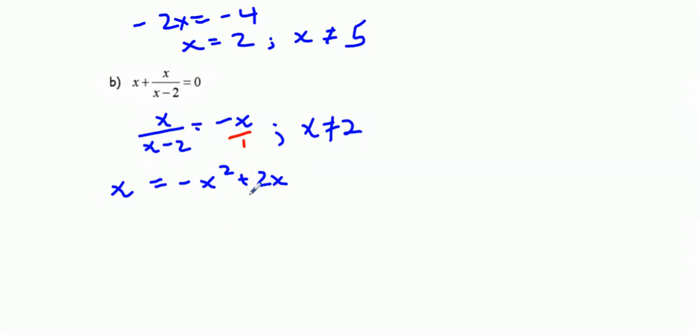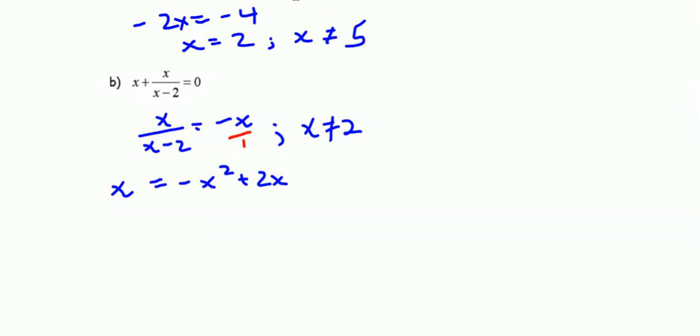Now how am I going to solve this for x? This is a squared. I've got an x here, and you know that solving a quadratic really means getting it so that one side equals 0.